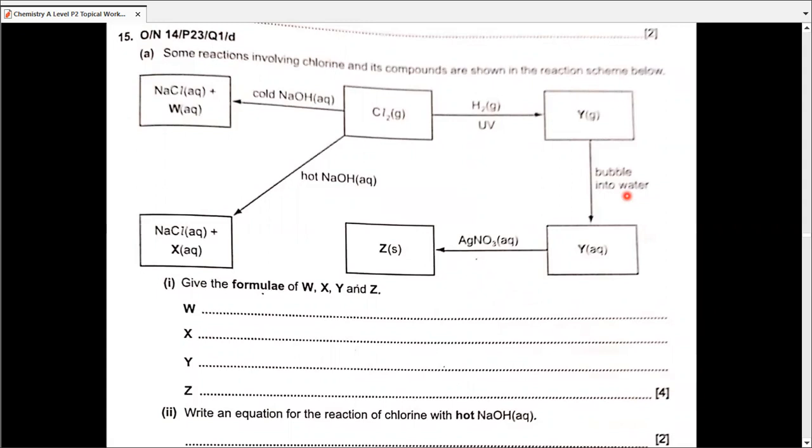So W is NaClO. And X is NaClO3. And Y is HCl.